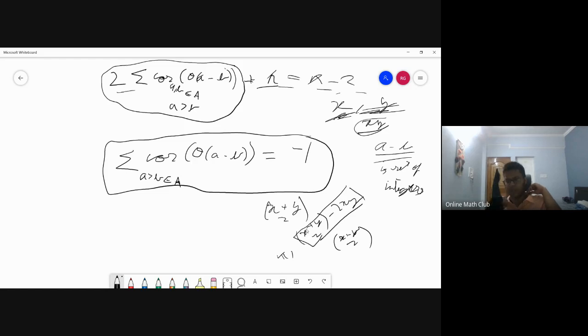Neither of these are necessarily good. This could be good, but it is very close to not good. Like x square plus y square plus 2xy minus x minus y. This gets cut, so it's literally x minus y choose 2.